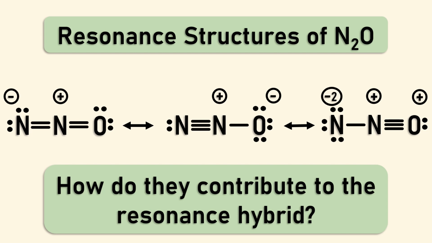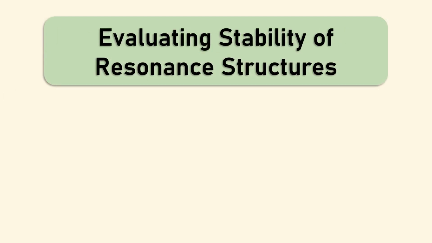Clearly, they are different. So how do they contribute to the resonance hybrid? For that, we must review the stability of resonance structures. The most stable structures will contribute the most to the resonance hybrid. In evaluating the stability of resonance structures, there are three main rules.